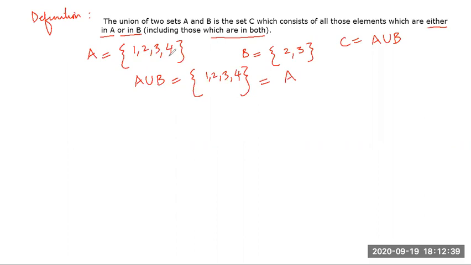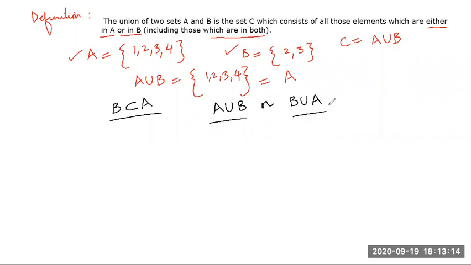Now, what is the relation between A and B? Students, are you able to point out? Can you tell in 1 second? What is the relation between set A and set B? See, we've already studied this, students. Interestingly, in this case, B is a subset of A. So we have this observation: if B is a subset of A, then A ∪ B, or you can say B ∪ A, it's one and the same thing, is equal to the bigger set, or you say the superset.